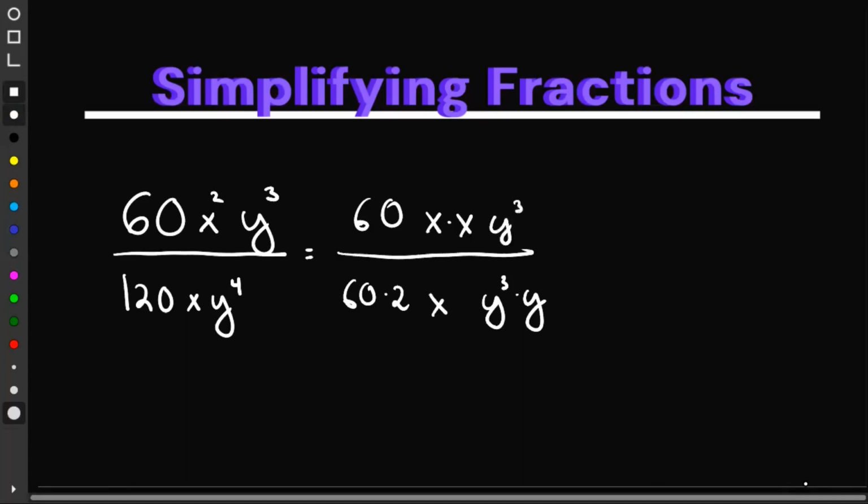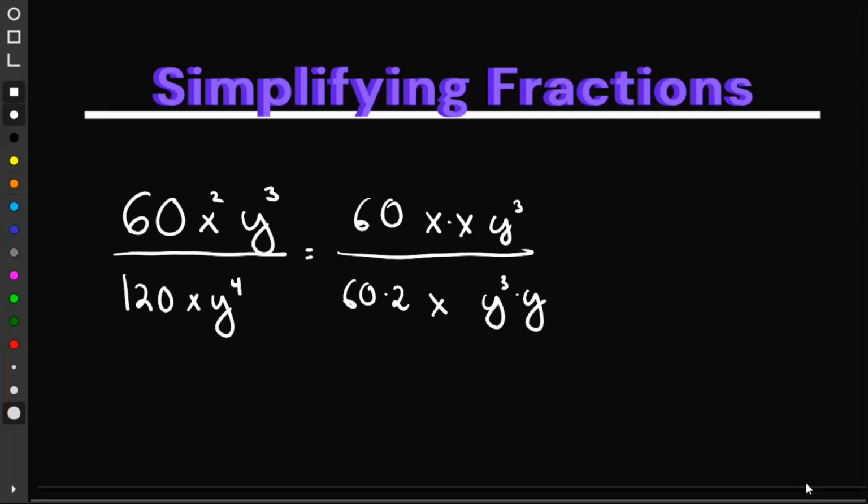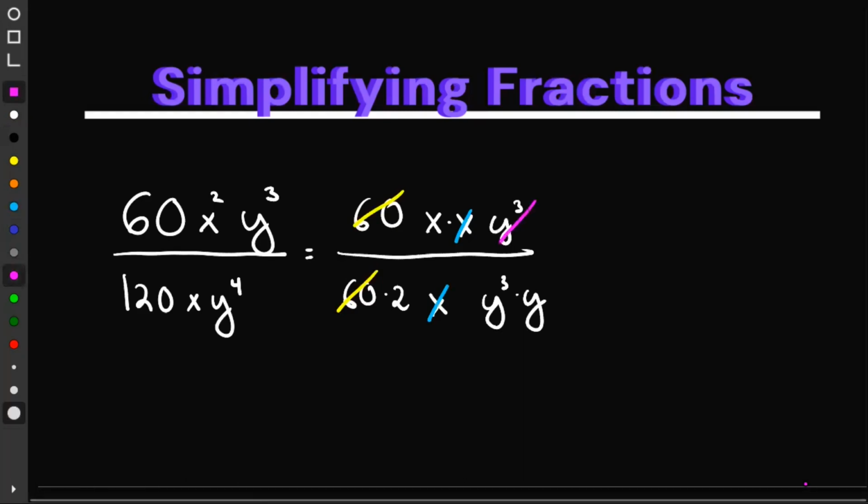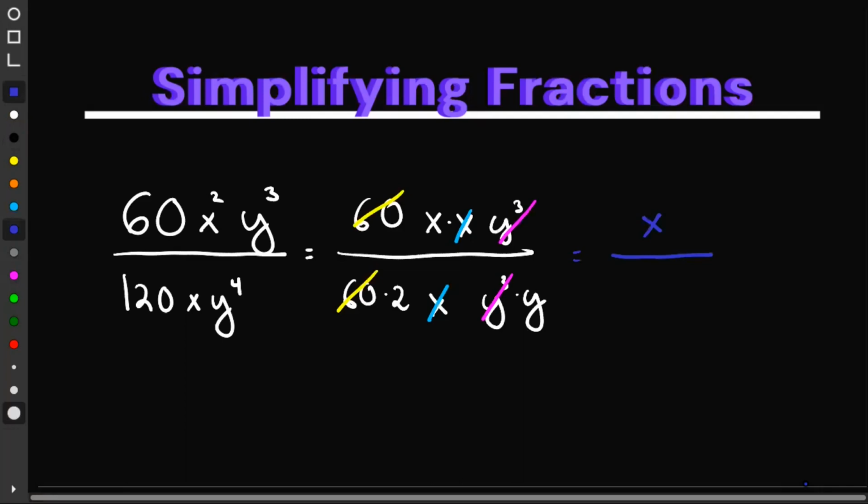So now we can cancel out the common factors: 60, x and x, and y cubed and y cubed, which would ultimately leave us with x all over 2y.